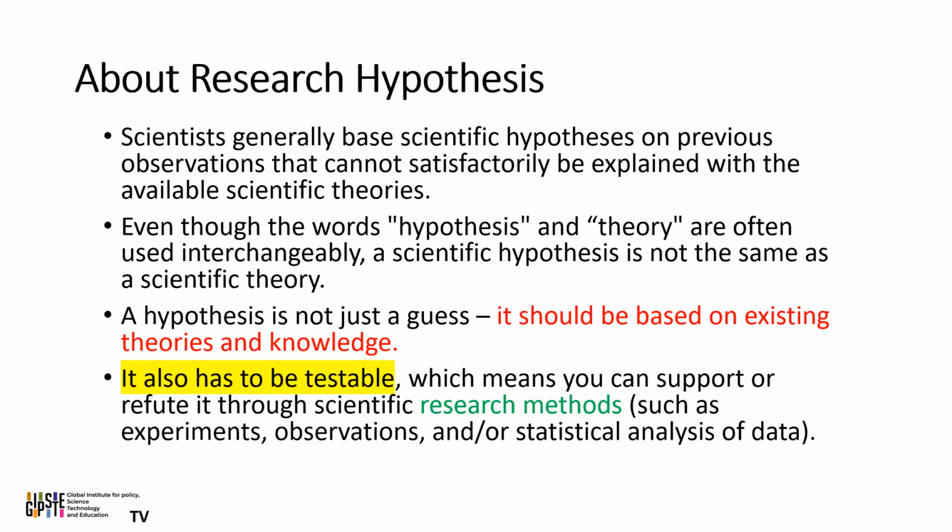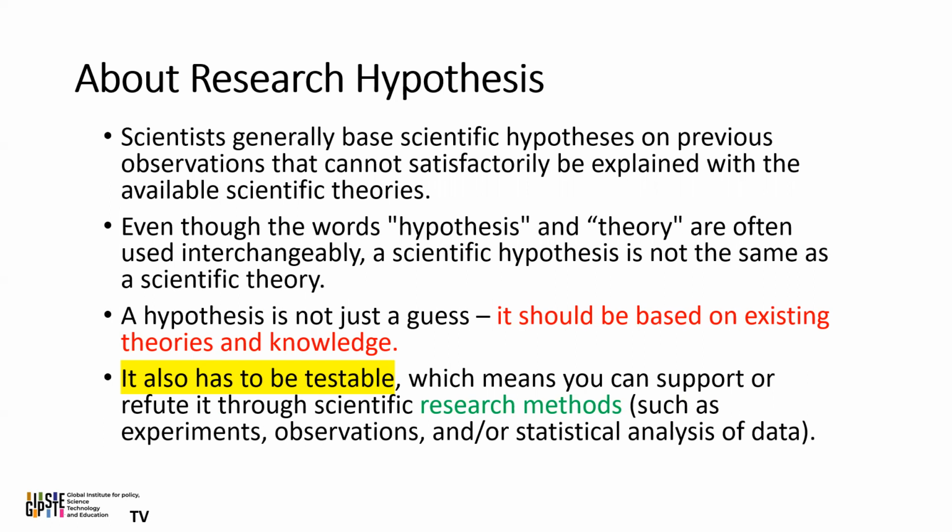Scientists generally base scientific hypotheses on previous observations that cannot satisfactorily be explained with available scientific theories. Even though the words hypothesis and theory are often used interchangeably, a scientific hypothesis is not the same as a scientific theory. Note that a hypothesis is not just a guess. It should be based on existing theory and knowledge.